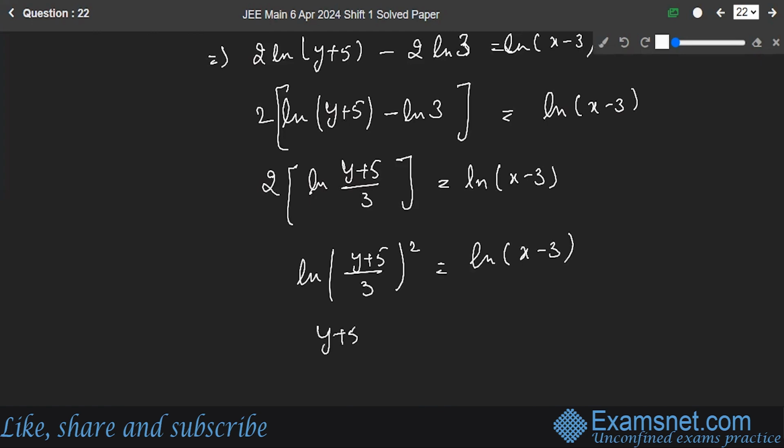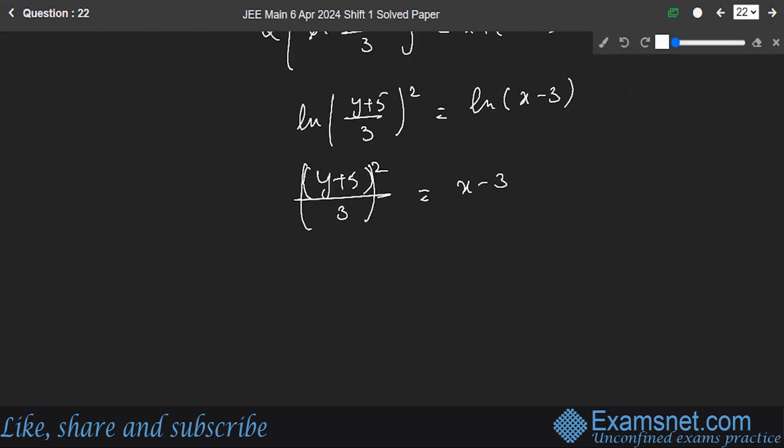That means y plus 5 square upon 3 whole square is equal to x minus 3. Or you will have y plus 5 whole square is equal to 9 into x minus 3.